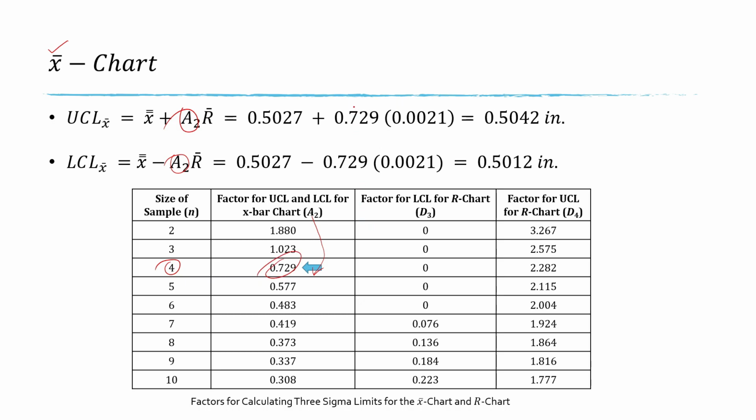We plug in this value of 0.729 in this formula where we are required to have this value of X double bar that we have calculated in the previous slide and we already have a value of R bar. We plug in these values and we calculate the value of upper control limit and lower control limit for X bar chart. And this is how we calculate upper and lower control limits for R and X bar chart.